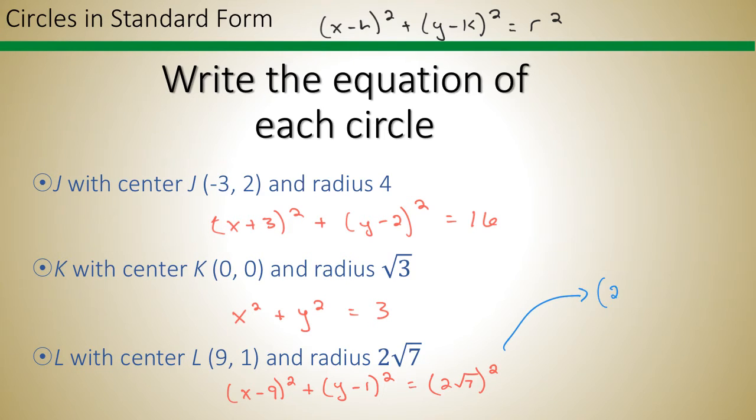So 2 root 7 squared is actually going to be 2 squared times root 7 squared. So 2 squared is 4. Root 7 squared will just be 7, so it's actually just 28. Okay, so right here, our radius squared is actually 28, and that would be the equation of that circle.